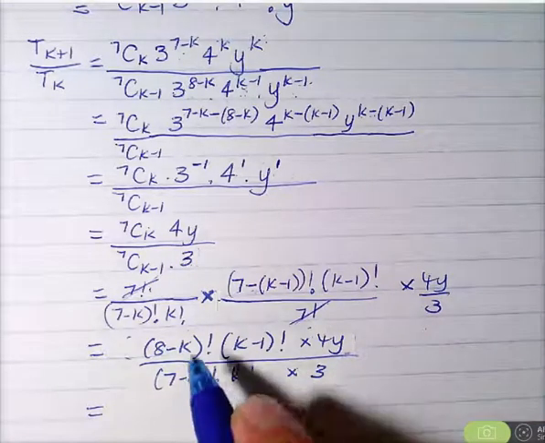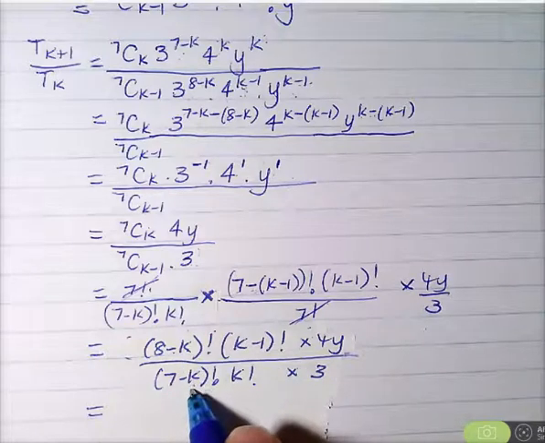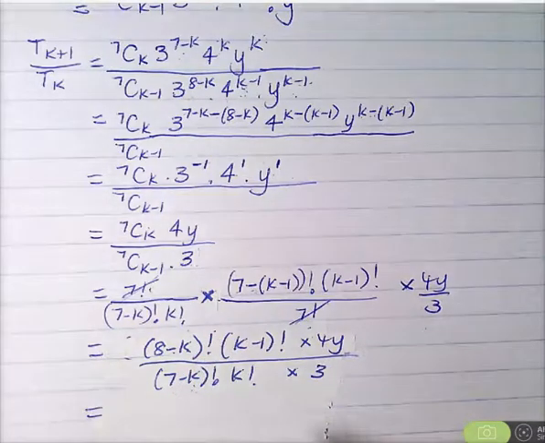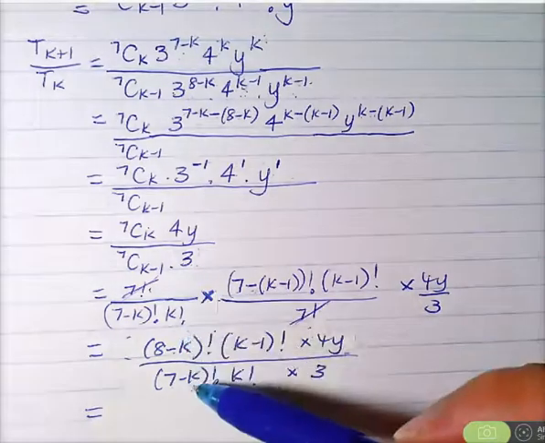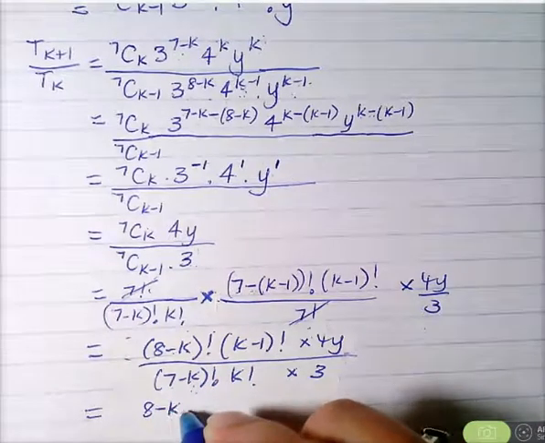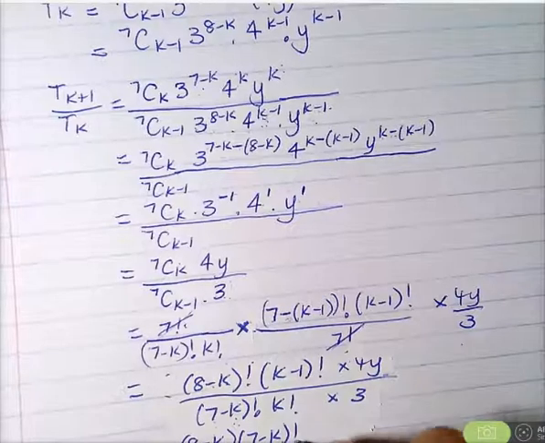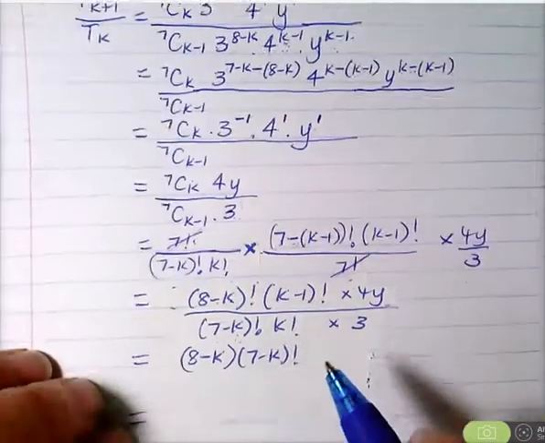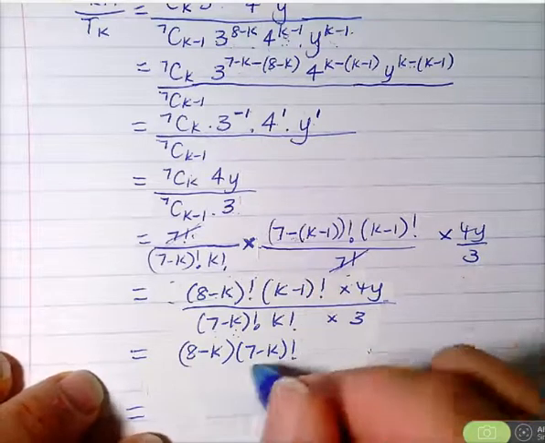Now notice 8 minus k factorial is 1 higher than 7 minus k factorial. You can check this by just giving k any value, for example, k is 3. This would be 5 factorial over 4 factorial. So we're going to wind down the numerator by 1. So we've got (8 minus k) times (7 minus k) factorial. Now notice that the k factorial is 1 higher than the (k minus 1) factorial.